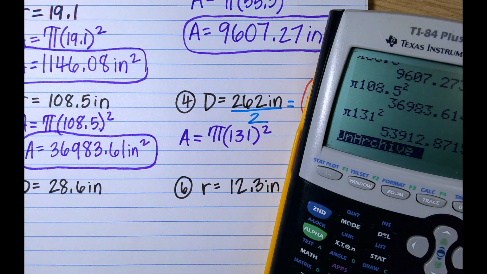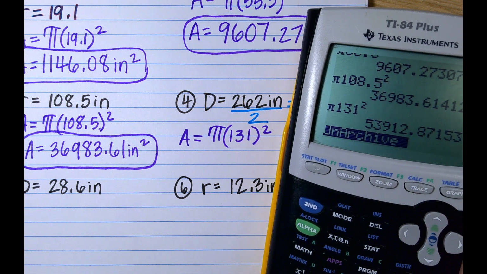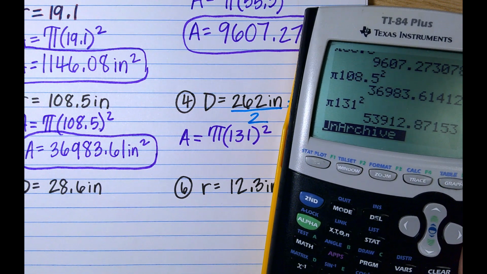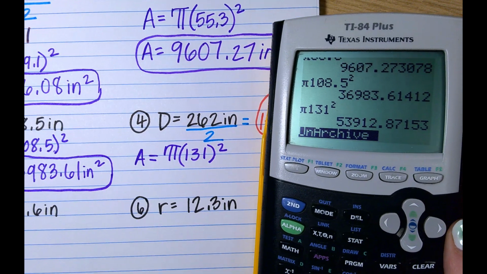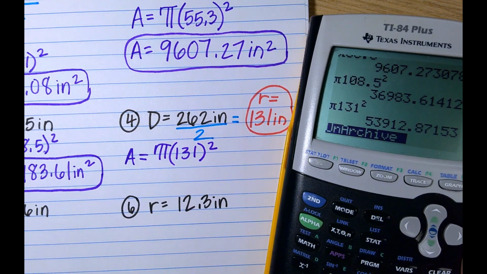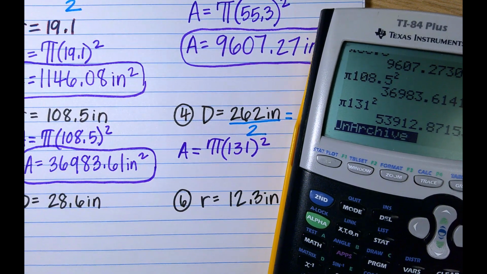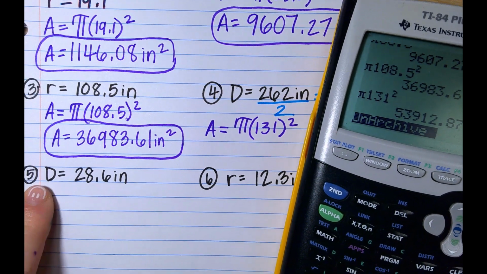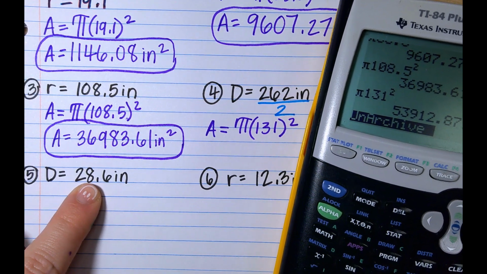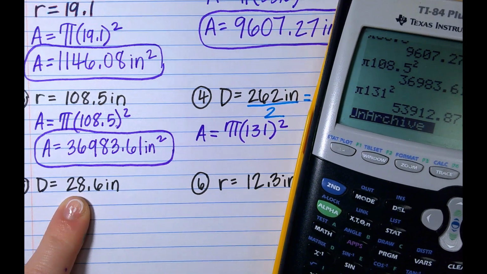Okay, here we go. I typed in pi. Where did I type in 28? Wait a minute, hold on, this is great. Maybe that was for number 5, because there is a 28 for 5. I don't know.